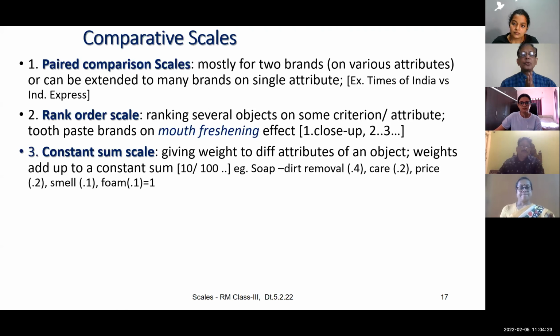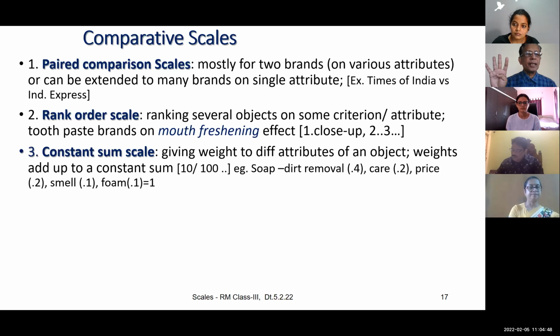Some of the attributes which might come to our mind: the dirt removal efficiency of that soap. Second, the fabric care, the care the soap will take of our clothes. Price factor, smell factor, foaming factor. Okay. Suppose I have put 4 attributes here.